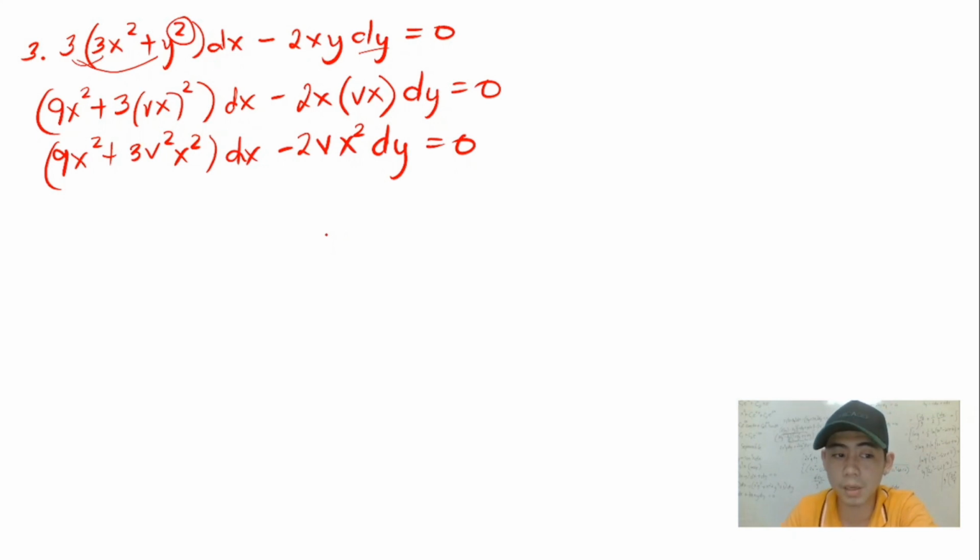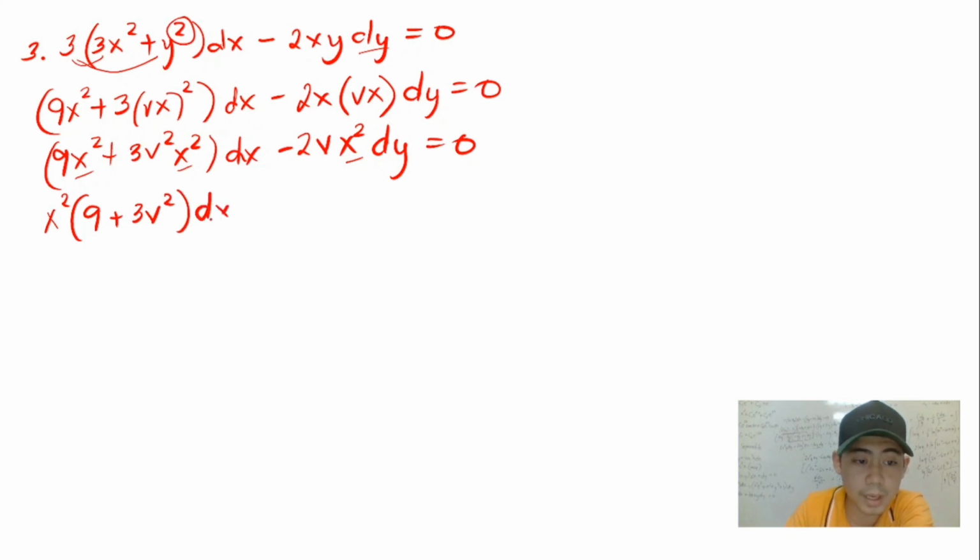Then, after nyan, mga lods, factor out natin yung common, which is yung x squared. Okay? Para mas ma-reduce natin yung equation natin. Okay. So, x squared, factor natin. So, 9 plus 3v squared times dx minus x squared times 2v dy. Okay? Is equal to 0.